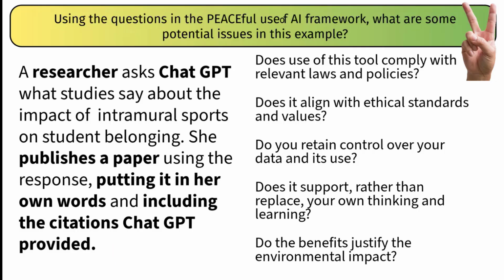So considering these questions from the framework, what are some of the potential issues with this researcher's use of ChatGPT in their research? I'll give you a few minutes to think and put some thoughts in the chat. What are some potential issues in this example?